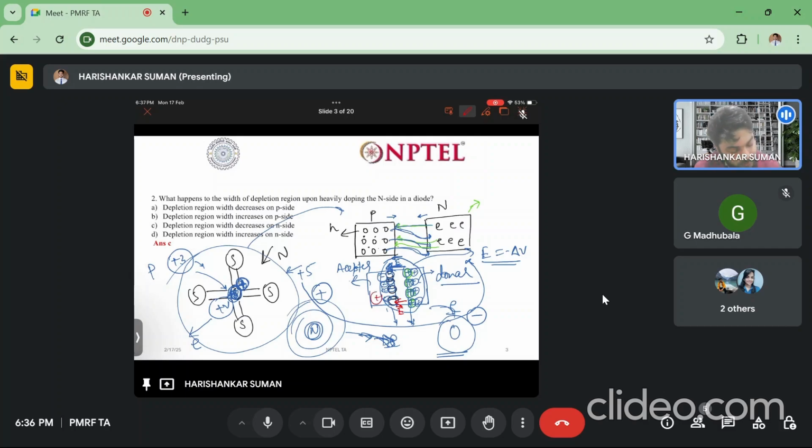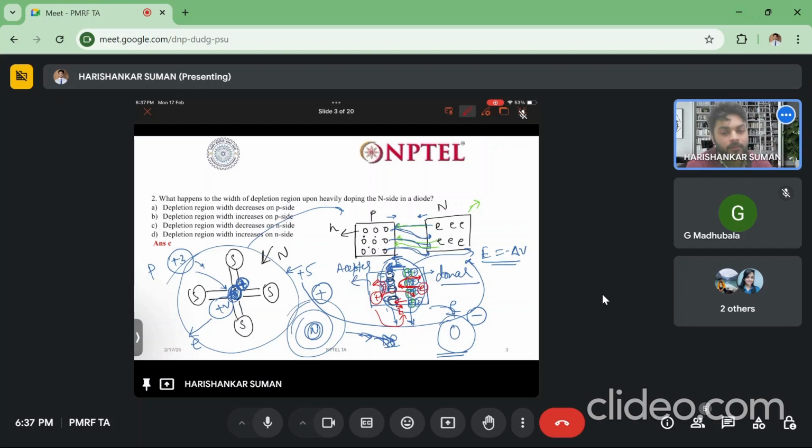So if a hole diffuses, it feels electric field repulsion, and the electron also, so they cannot go further. They are repelled back to their respective semiconductor type due to the depletion electric field.